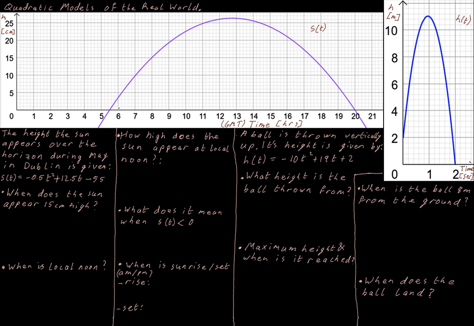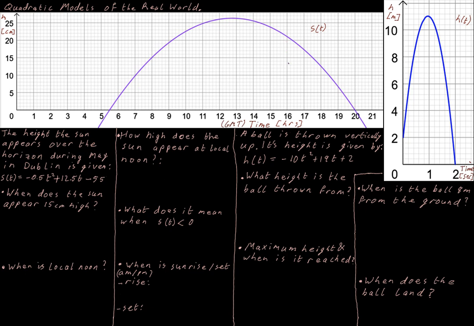So if we think about the path of the sun as it goes through a day, it starts off at daybreak at the horizon, and then it rises up to its highest point, and then it will drop down. It will be low in the sky in the evening. So that's what we're looking at here, that the sun throughout the day would be at different heights.